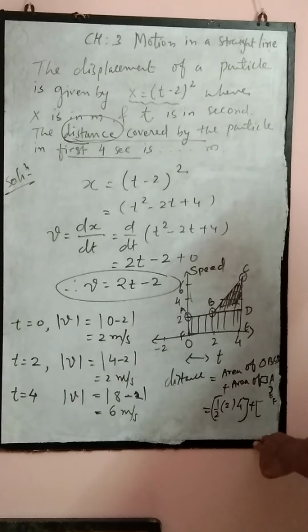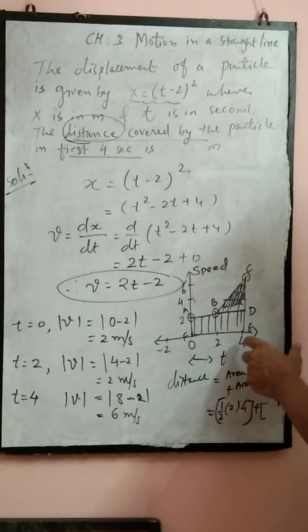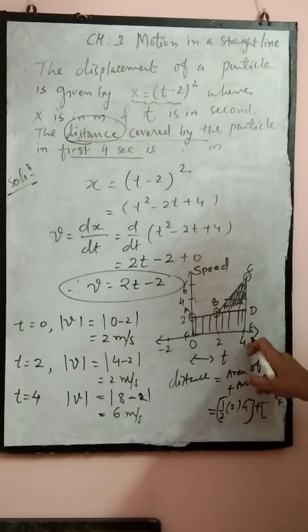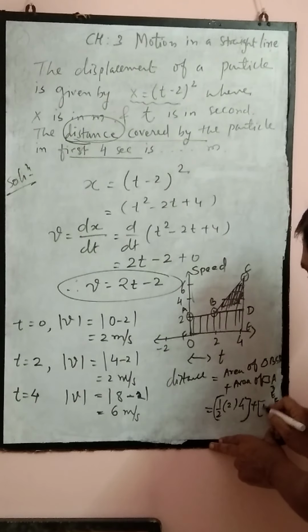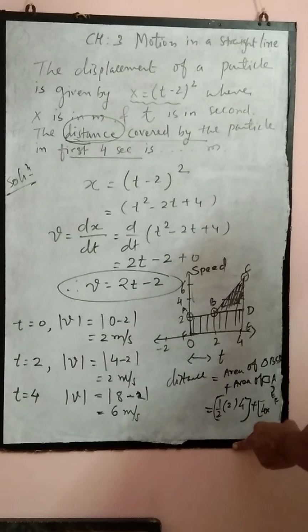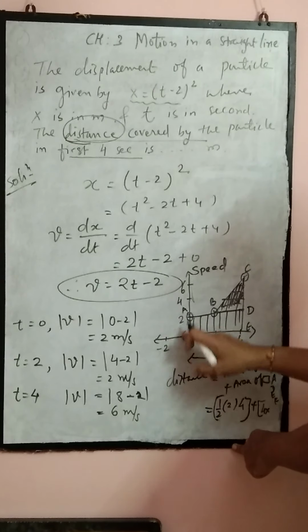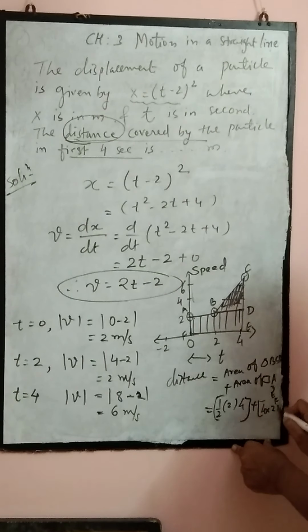Area of the rectangle, that is AD into DE. Now AD is what? AD is 4 minus 0, that is 4, into side, okay, length into breadth. So DE means 2 minus 0, that is 2, right? So the second term is this one.